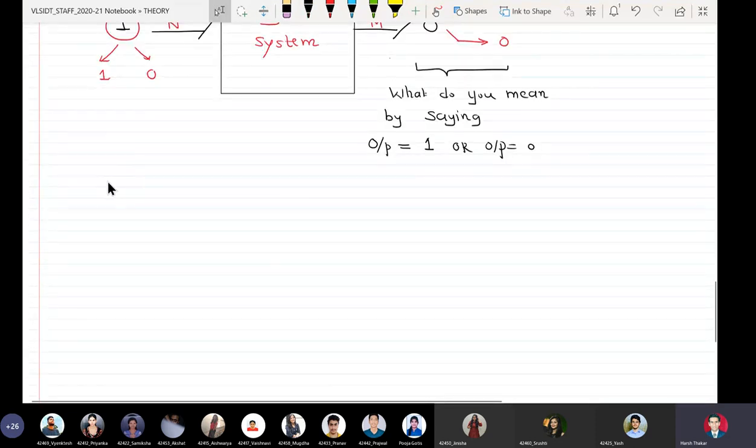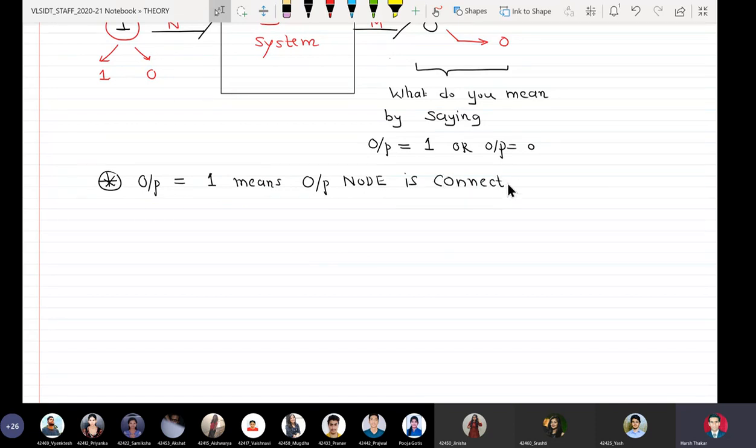So output equal to 1 means the output node is connected to plus VDD.